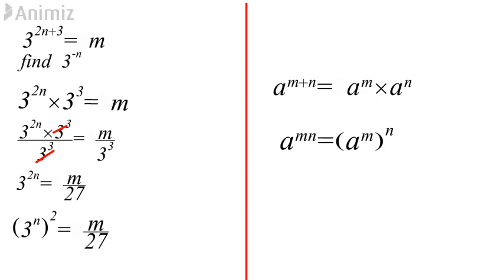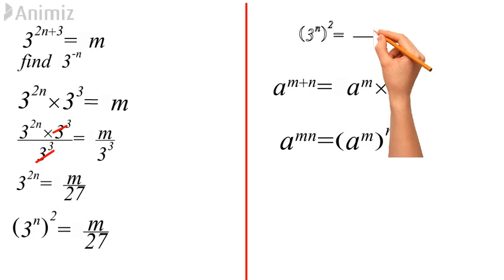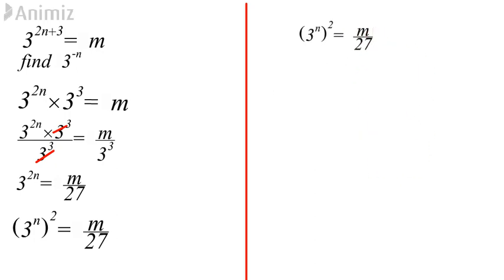Right. So our main motive is to find 3 exponent n, which means we have to get rid of the 2 there. How do we do that? So we will take half on both hand side. That's an exponent of half on both hand side, or square root.